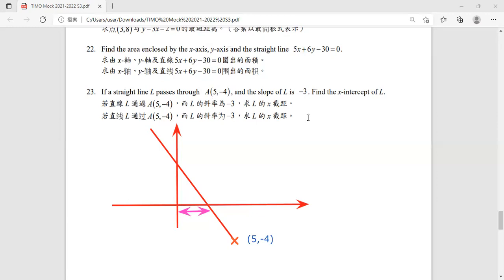Two ways of doing it. First, find the equation of L. I can use the point-slope form: y plus 4 equals -3 times (x plus 5)... and then you will get something like this.